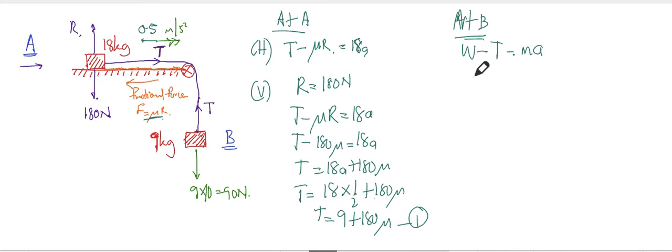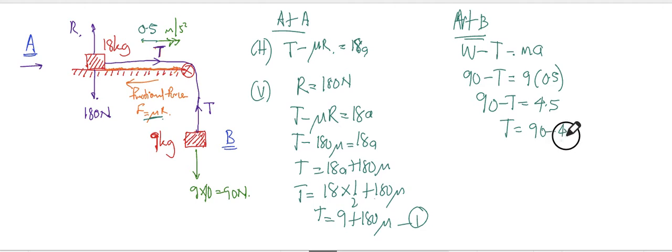So W, which is 90 newton, minus the tension of the cable, gives you 9 times a, which is 0.5. So 90 minus T equals 4.5. So T equals 90 minus 4.5, and the answer is 85.5 newton.